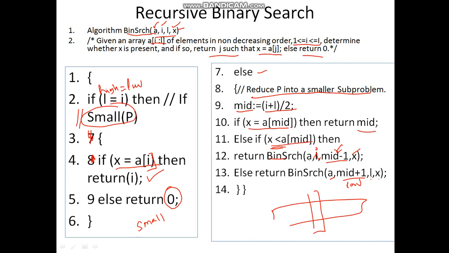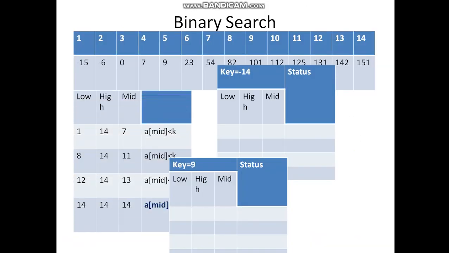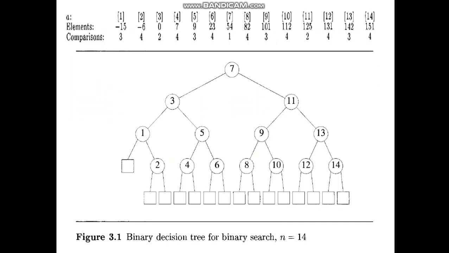Moving ahead, this one we have already seen, so we will not go into details of it again. This particular diagram shows the sequence in which the elements are going to be searched. If you are searching for an element at the 7th position, the number of comparisons required is 1. If the element is at the 3rd or 11th position, comparisons required are 2.